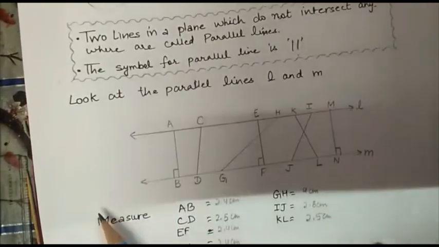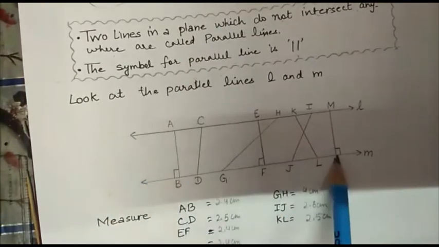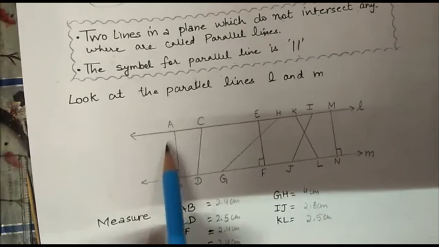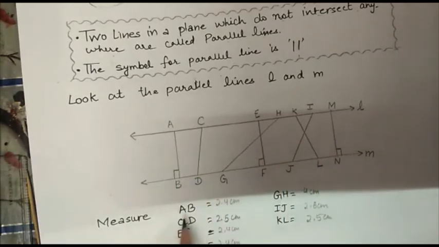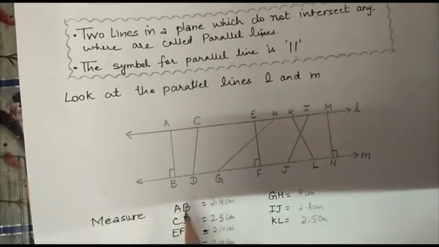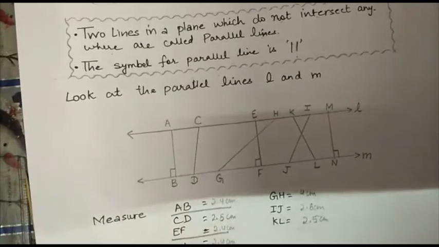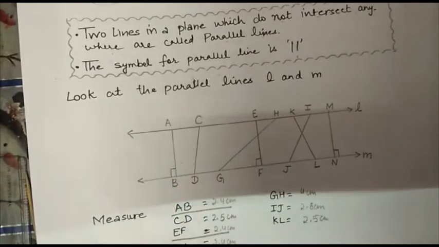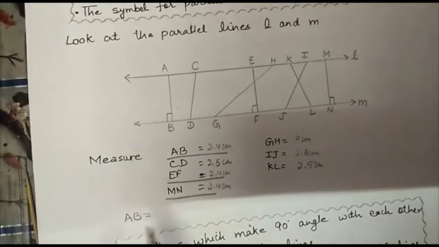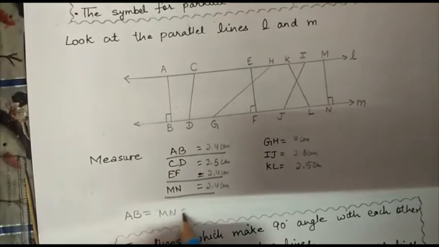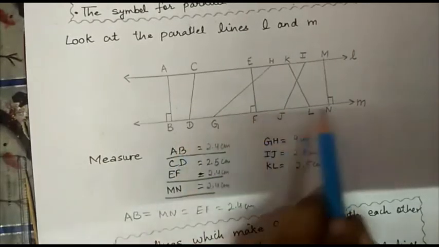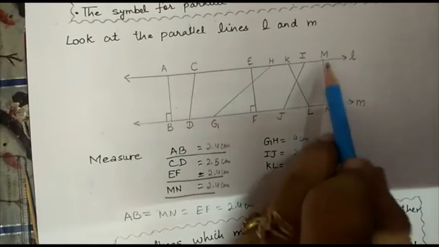Now look at the parallel lines L and M. Now I have drawn a few lines here, and if we measure these line segments one by one, we get AB, EF and MN. All these three lines are of the same measure. It means AB, MN and EF are all equal to 2.4, and we are shown in the figure that these lines are perpendicular to the given lines.